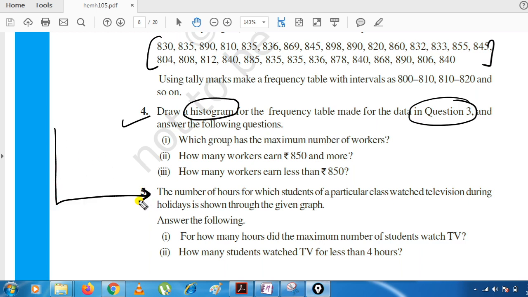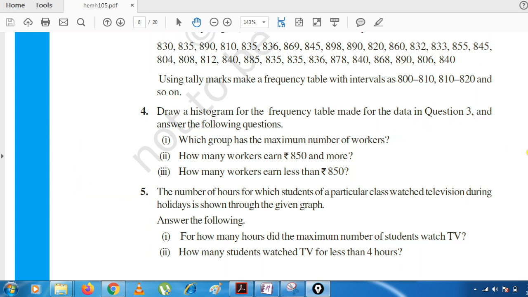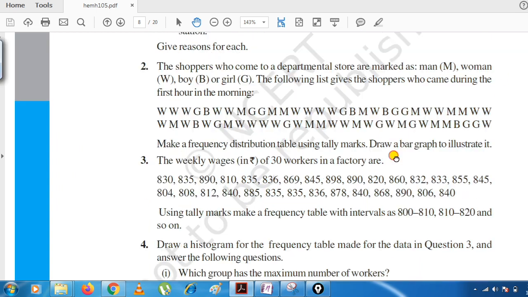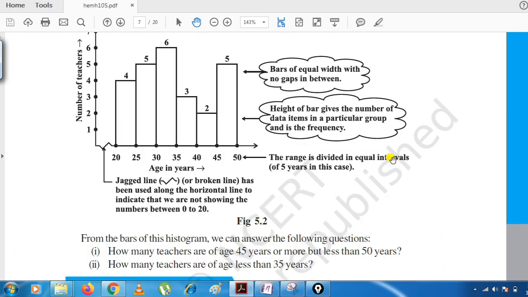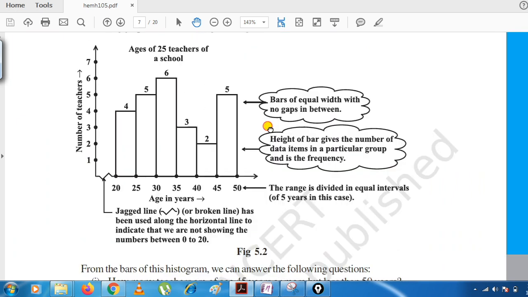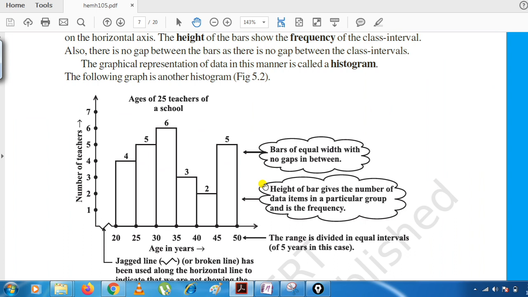To draw this histogram, we will use this data of question number 3. Now what is a histogram? First of all, understand that a histogram and a bar graph have very small differences. Wait a minute, if it is present in the book, I will show you here that this is a bar graph and this is a histogram. Let me check once. Yes. Okay, so here you can see a graph in front of you.